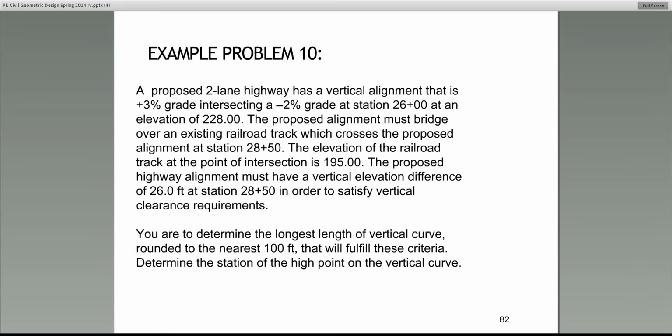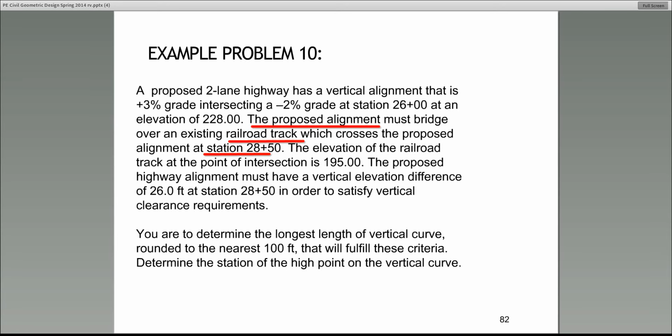Read the words here, but what I need to point out to you is this. They say the proposed alignment must bridge over an existing railroad track, and this railroad track crosses the proposed alignment at station 28 plus 50.